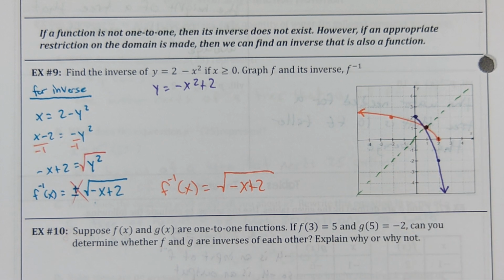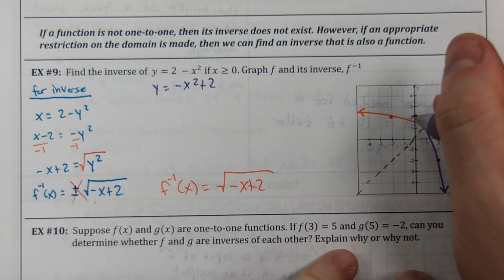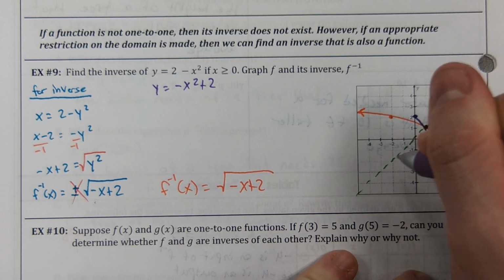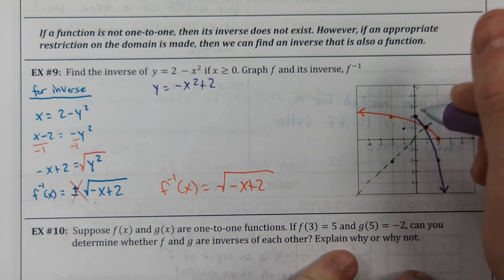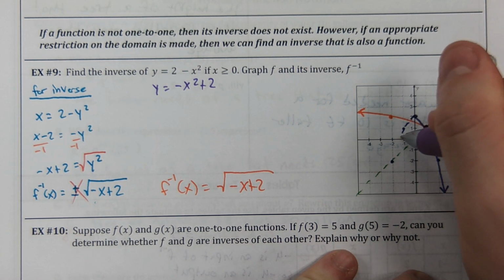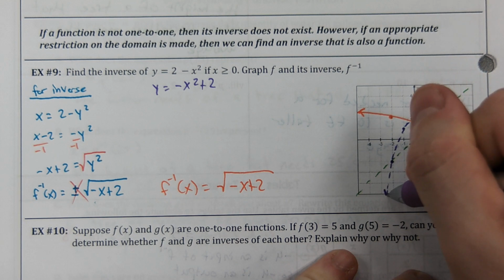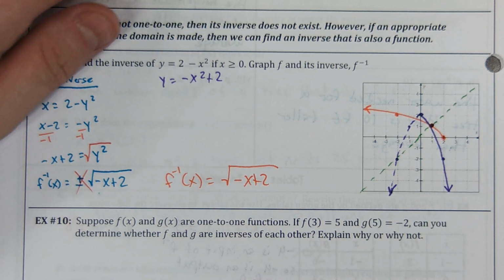You say, yeah, but it's obvious that you didn't believe me. Okay, how about this? How about I do it in a dotted line? Here is the left-hand side of my quadratic. Here is its inverse.